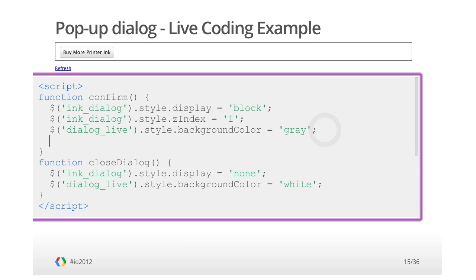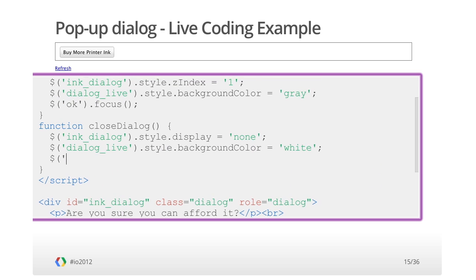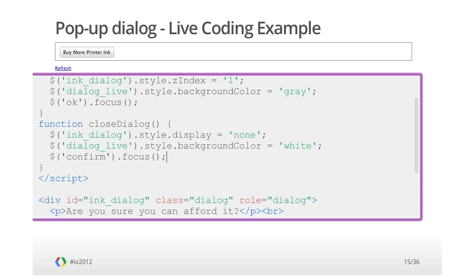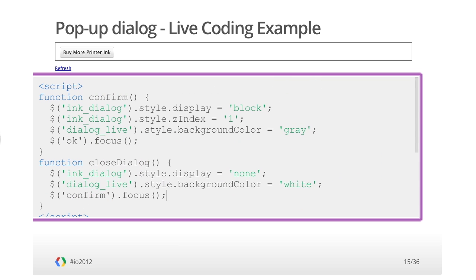So I'm just going to set focus on the OK button in the dialog as part of the dialog opening using .focus. Then I'm also going to be a nice person, and I'm going to set focus back on the button when the dialog closes. This button is called confirm. I'm going to set focus back on that button there. Just double checking, confirm. Okay, good.